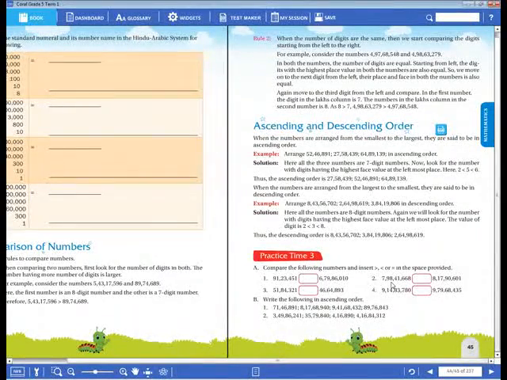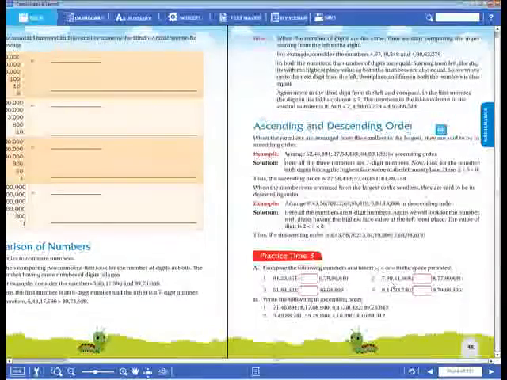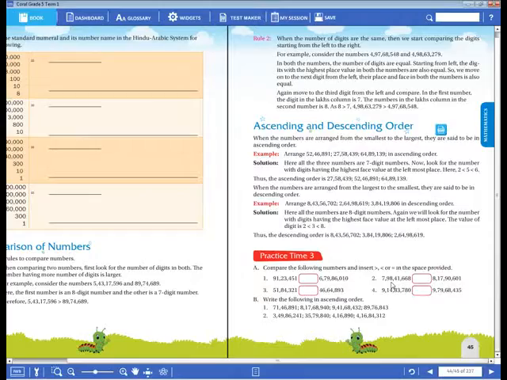Both are 8-digit numbers only, no? But how do you say that it is the greater than symbol, Khaja Farid? So check the first digit here. 7. And the second number, its first digit is 8.